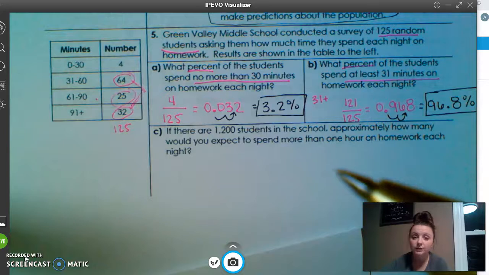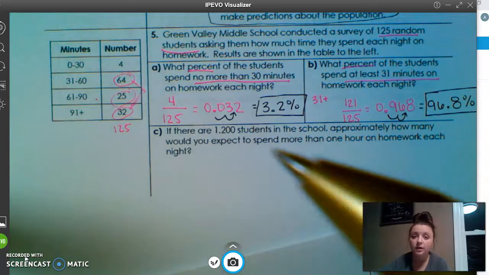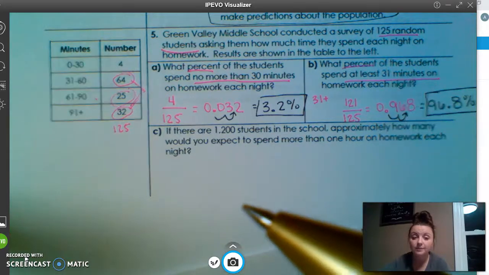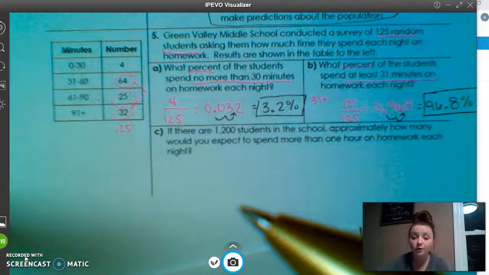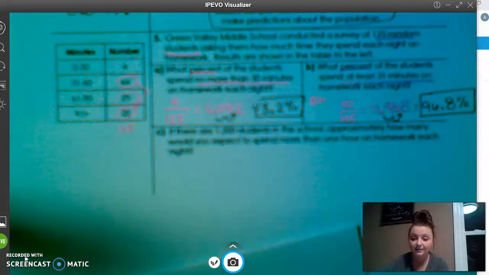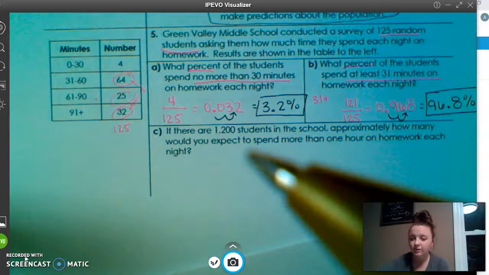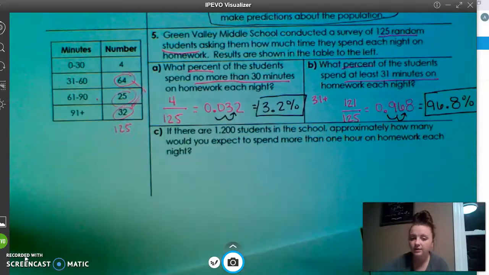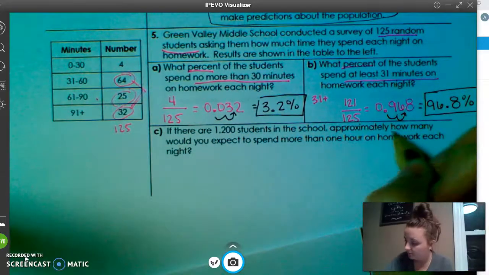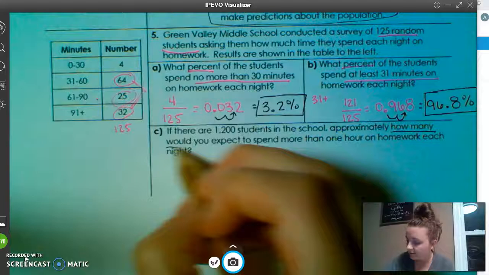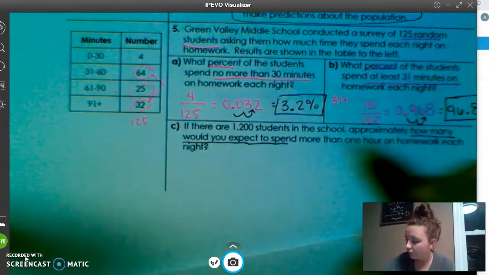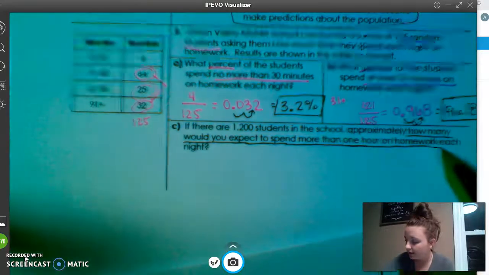If there are 1,200 students in the school, approximately how many would you expect to spend more than 1 hour on homework each night? So first thing, let's look at what's important. So my question is, how many would you expect to spend more than 1 hour on homework each night?